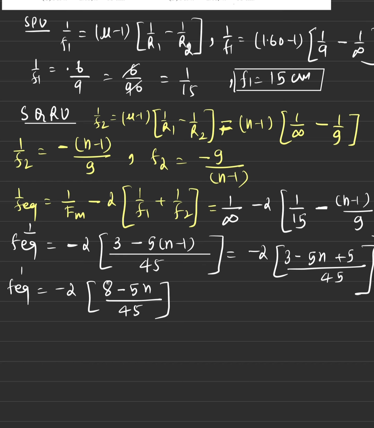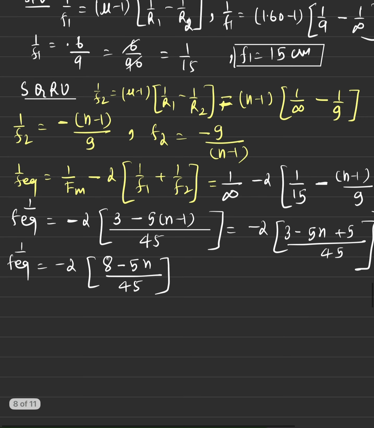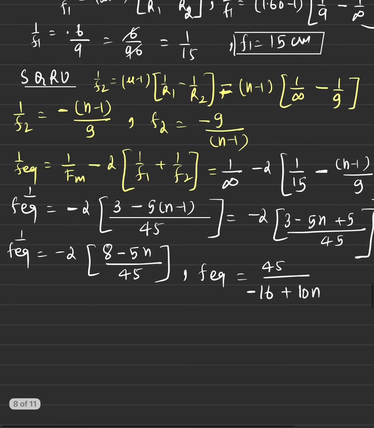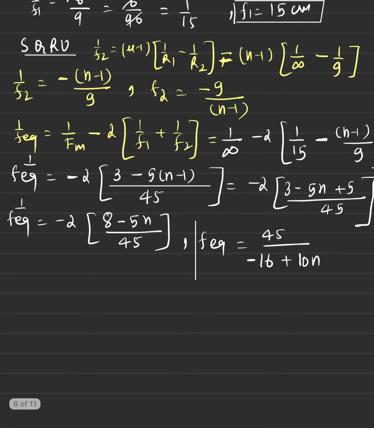Here we can say that the value of f equivalent becomes 45 divided by (10N minus 16). As we know, this is the value of f equivalent, the total focal length.